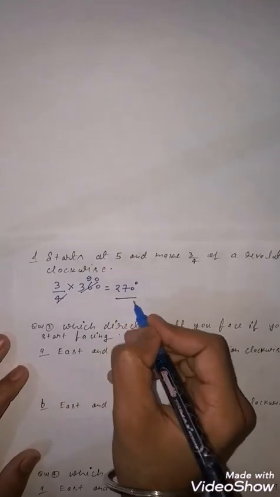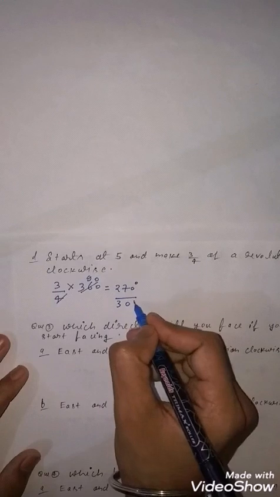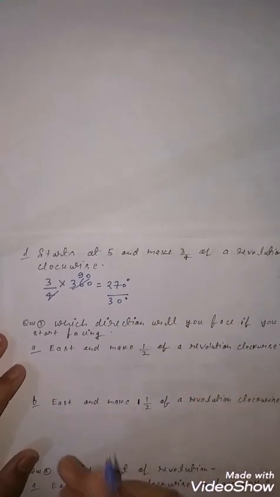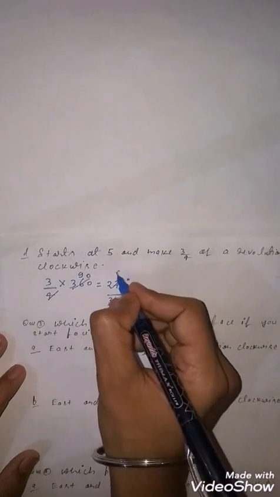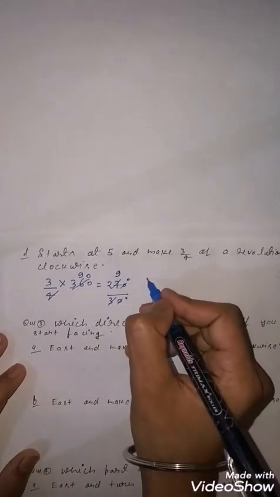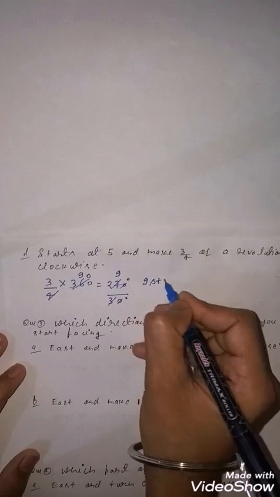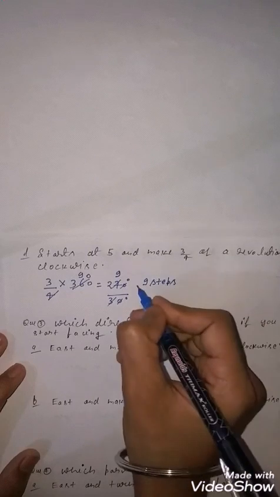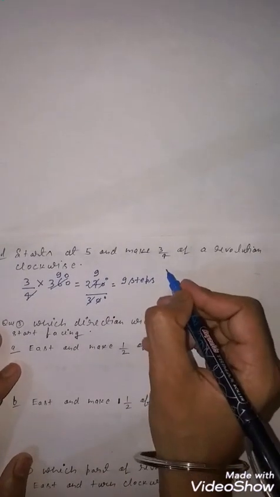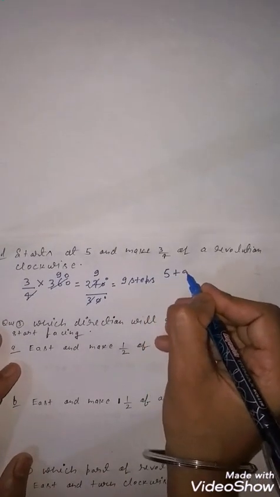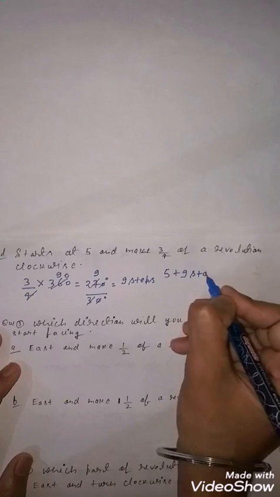So what will you do? Divide it by 30 degrees, because you know that the angle is 30 degrees. Now 0 and 0 cancel. 3 nines are 27, that means you have to cover 9 steps. Clear, students? That means from 5, 5 plus 9 steps.